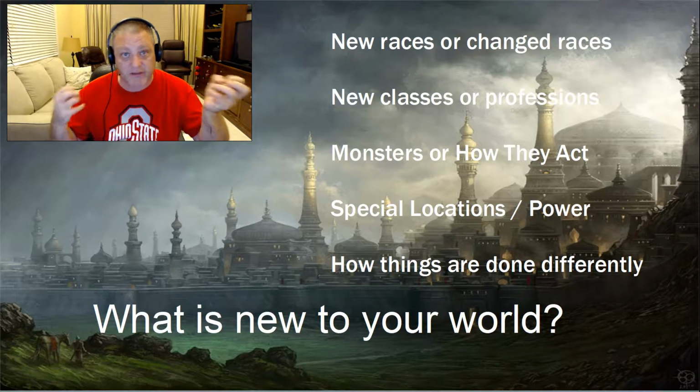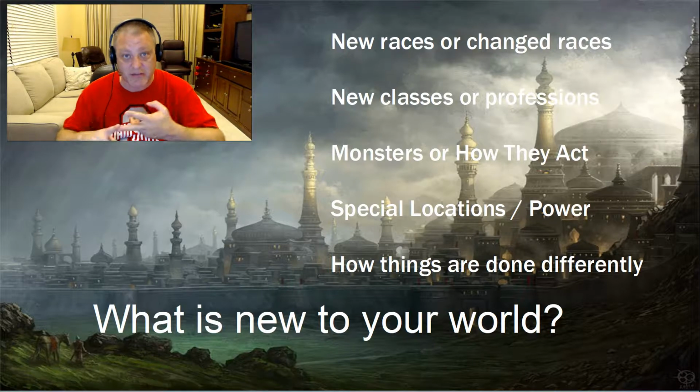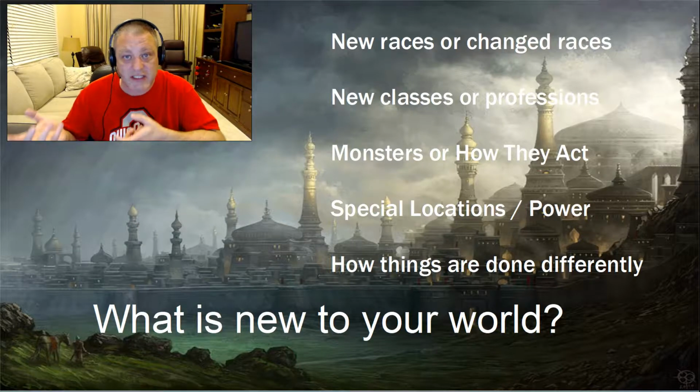Because of the way your fantasy world is, are there new classes? We've got the traditional fighter and the magic user and the sorcerer and the warlock and all that, but is there something new, a technomancer, or a geomancer, where maybe he uses guns with magic as opposed to spells or something like that.